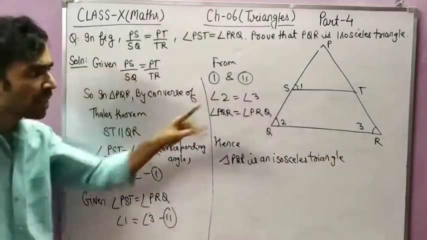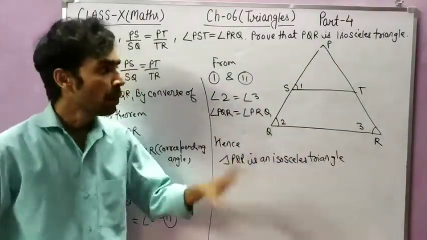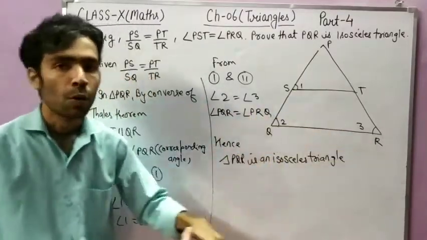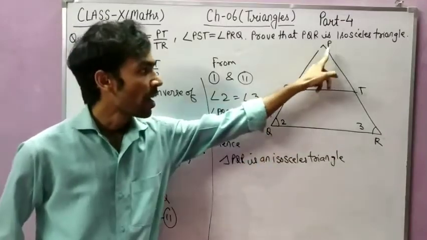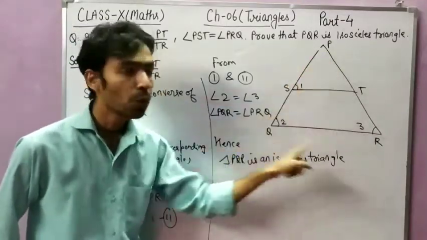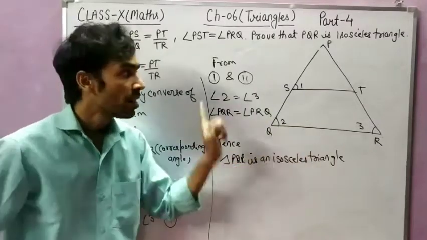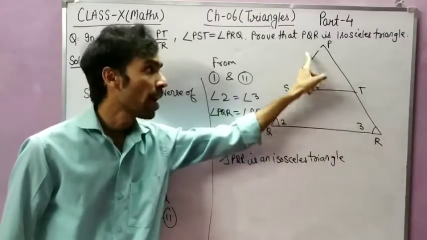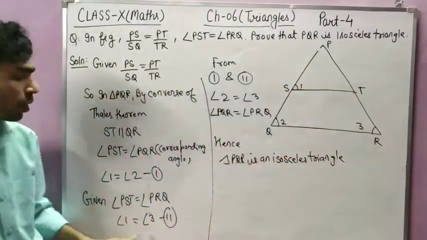Ratio was given, PS upon SQ was equal to PT upon TR. So by converse of Thales theorem, ST will be parallel to QR. Now because ST and QR are parallel, corresponding angles will be equal. So angle PST will be equal to angle PQR, so angle 1 will be equal to angle 2. That was equation number 1. Similarly, in the question it was given that angle PST is equal to angle PRQ, so angle 1 was also equal to angle 3.